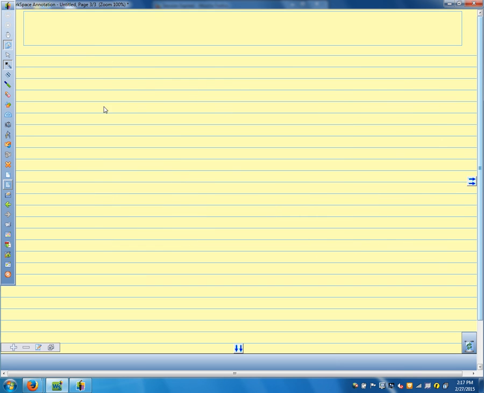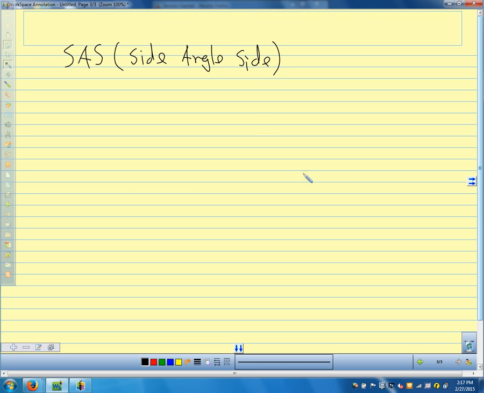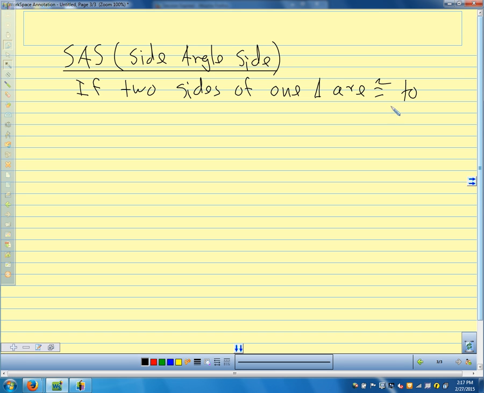Okay, last theorem, side angle side. Side angle side is a little bit different for similar triangles than it was for congruent triangles. We're going to say if 2 sides of one triangle are congruent. No, I don't want 2 sides congruent, do I?